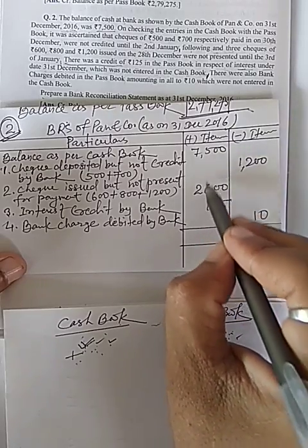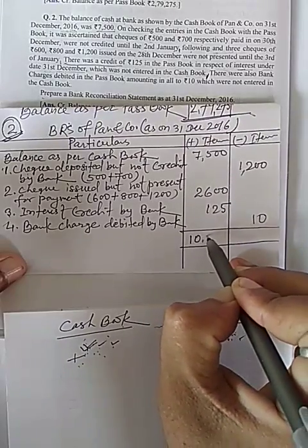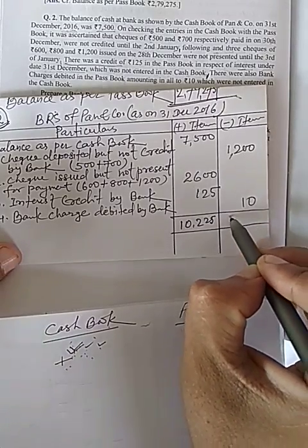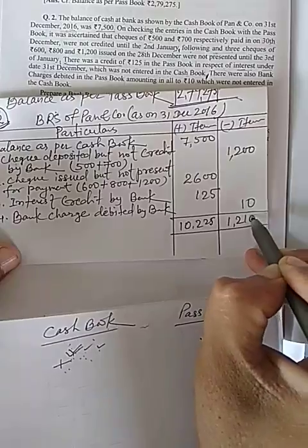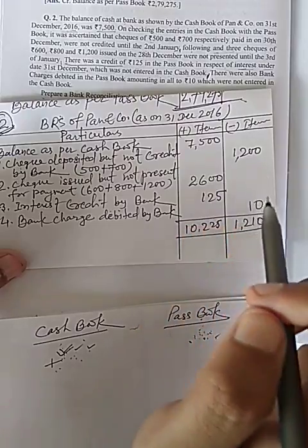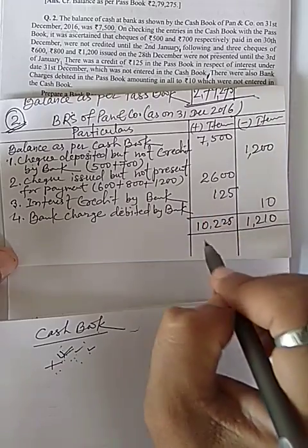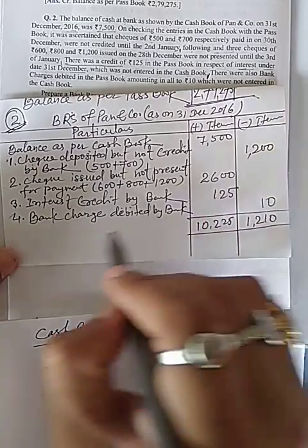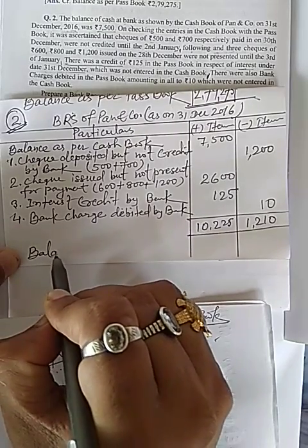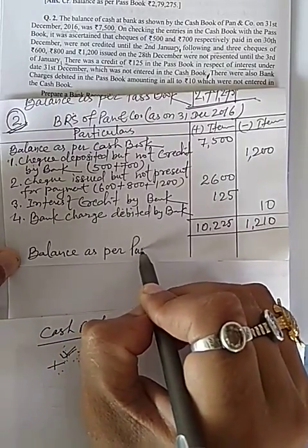And now we have to calculate the balance of the plus and minus sides. So in plus item it will be 10,225, and in minus item it will be 1,210. Now the plus item is more than the minus item, so I will write balance as per passbook.